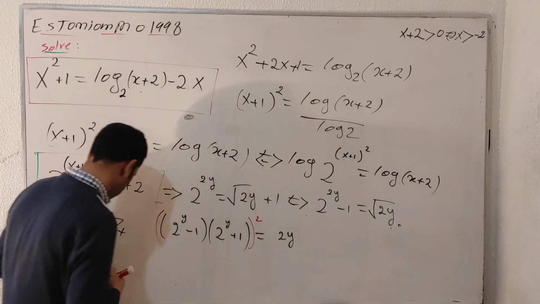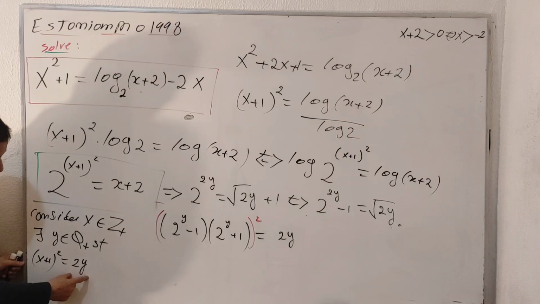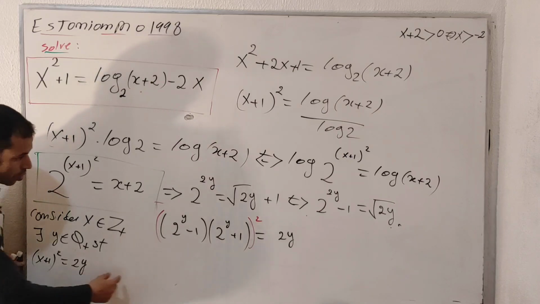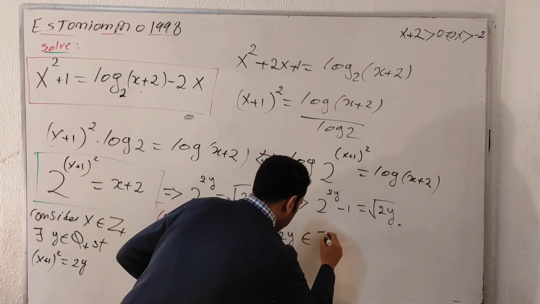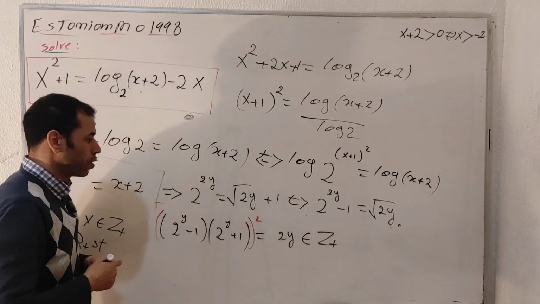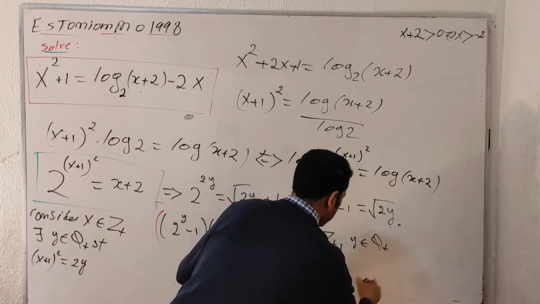If you take a look at the substitution, we know the left hand side of this equation is an integer. That means the right hand side of this equation must be an integer as well, which means 2y is a positive integer, with y a rational number.